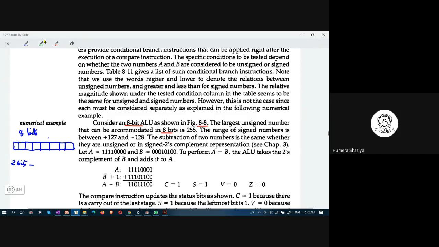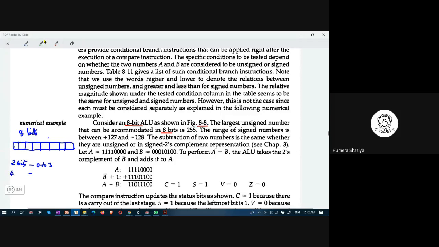What value is that? 4. 4 means what is the range? How do you begin a number in this configuration? 0 to 3. Okay, you got the correct answer.